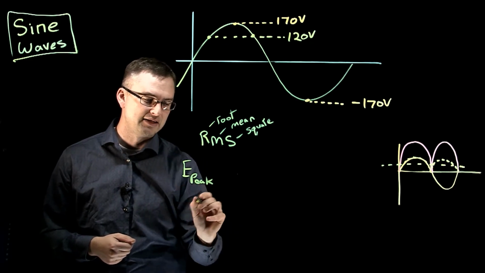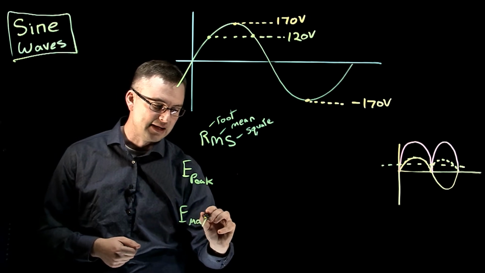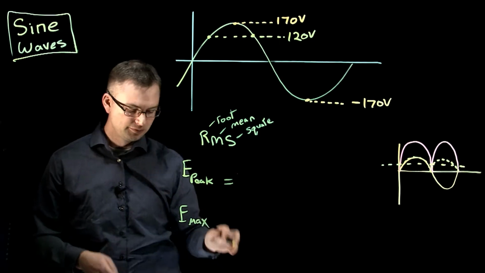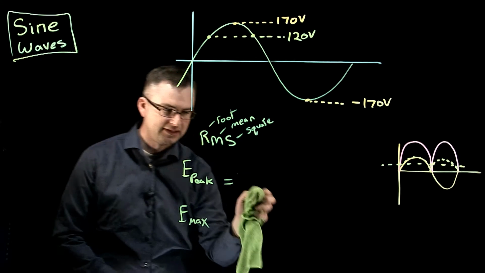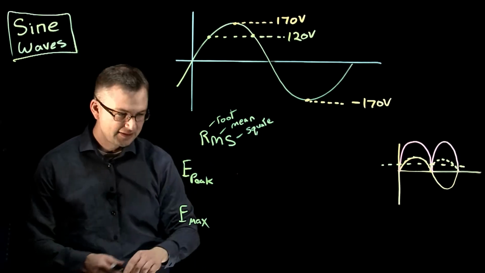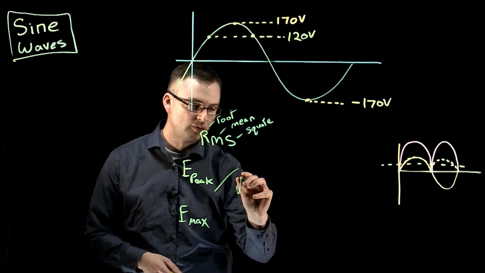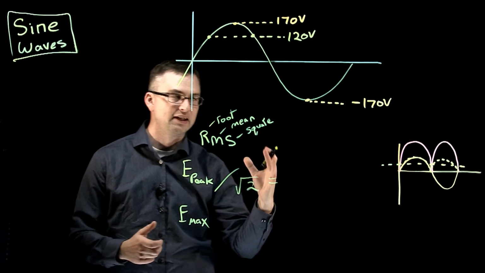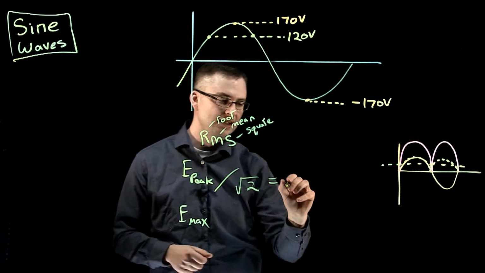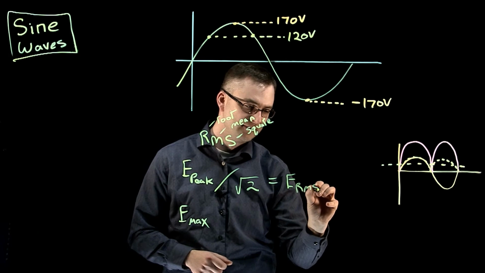You can also call that the max, the Emax. And we need to take that value and divide it by the square root of 2. And that's going to get us the voltage, or the E RMS.